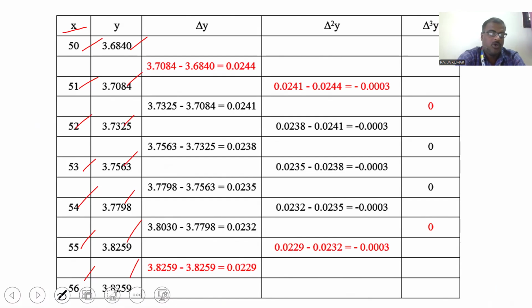Very simple, we just subtract. 3.7084 minus 3.6840 gives you 0.0244. Similarly, subtract these two: 3.7325 minus 3.7084, we have 0.0241.